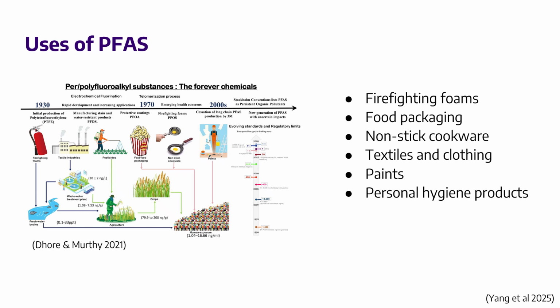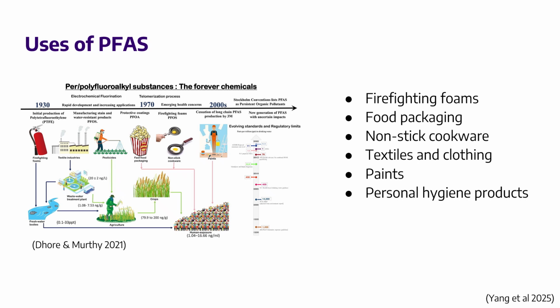PFAS has many current applications, the most notable of which is firefighting foams. It is a major source of contamination in the environment, but it is effective in fighting fires. PFAS is also used in fast food packaging, and it's also used in non-stick cookware, and those two are of high concern because of the exposure to food.